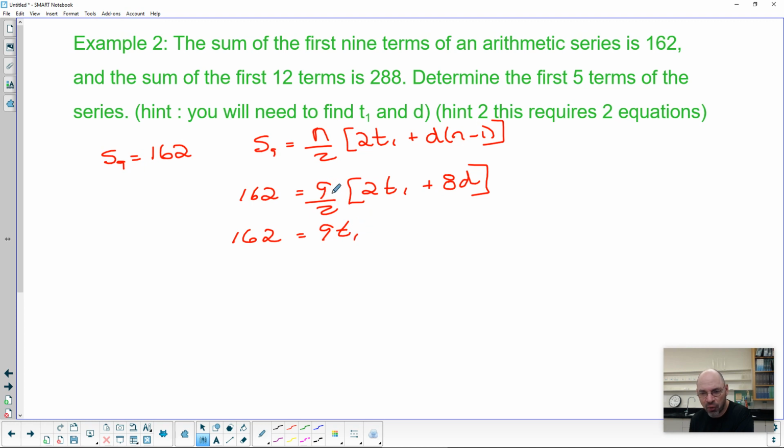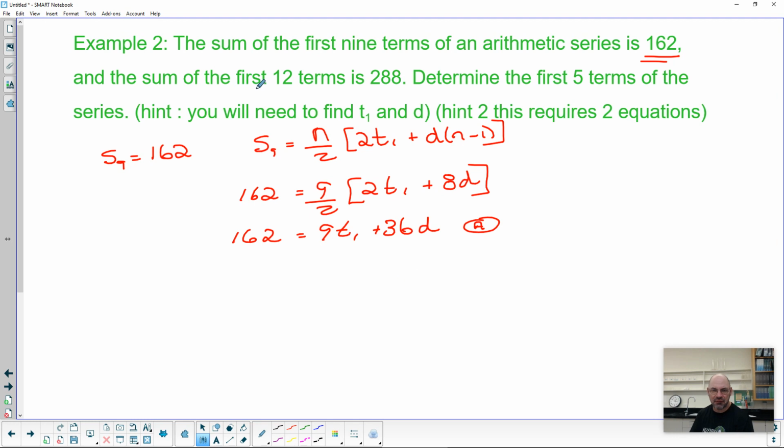Okay, and then if we go 8 times 9, d, that's 72, and we divide that by 2, that's going to give us 36d. So we have one equation from this with a blank t1 and a blank d. So we'll call that equation A.